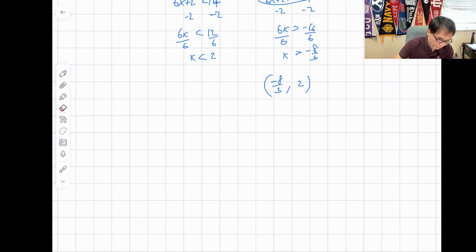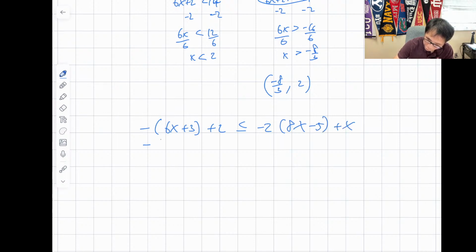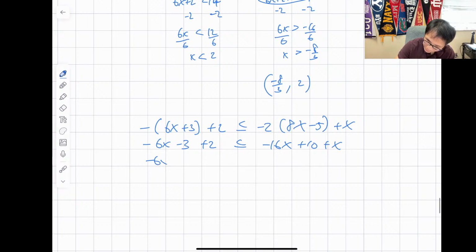So I'm going to distribute this. -6x - 1 less than -15x + 10. Wait, it's a negative. Yeah, you can. 6x.